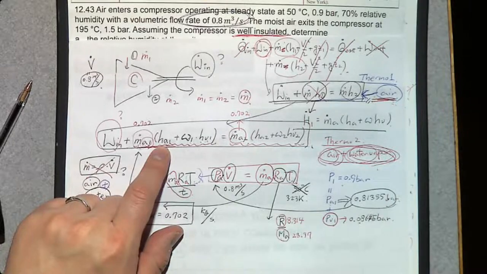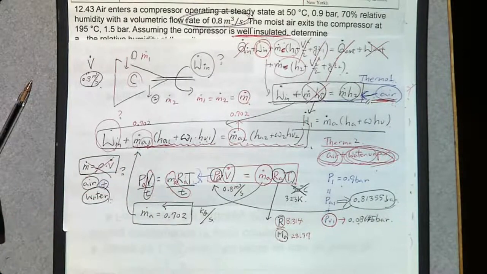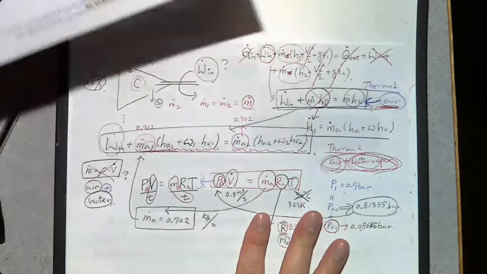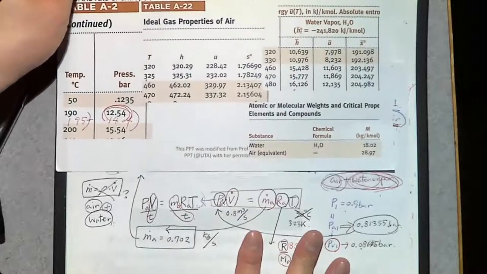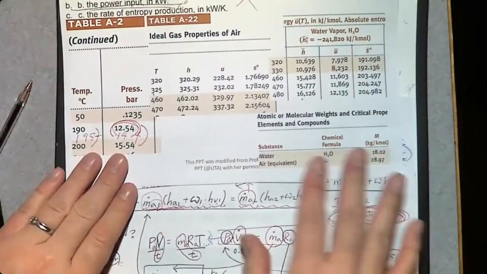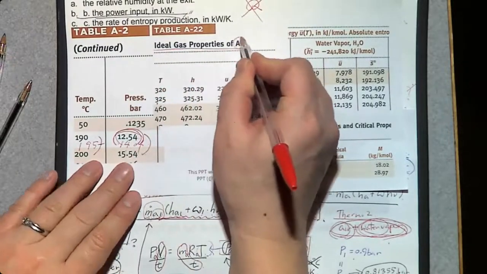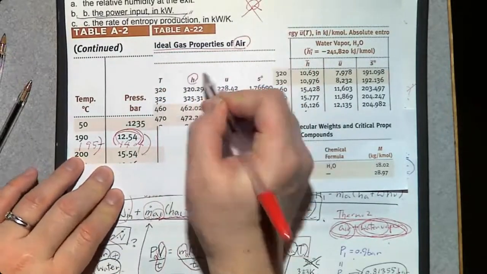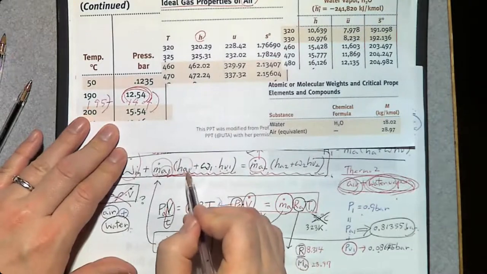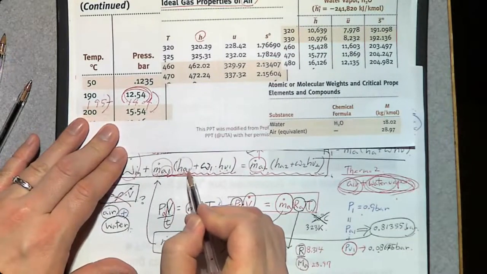However, we can calculate this HA1, or we can go to the ideal gas table for air, ideal gas properties of air. There's an H. So this HA is the specific enthalpy of dry air.